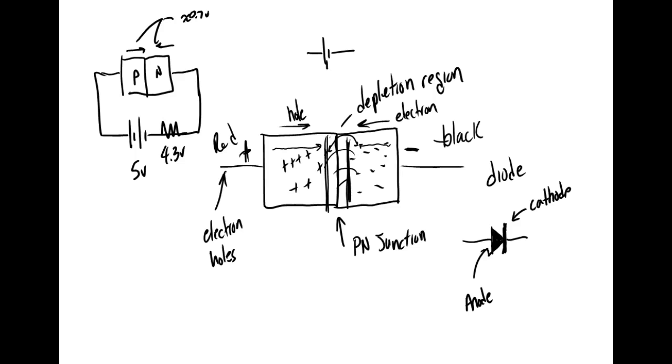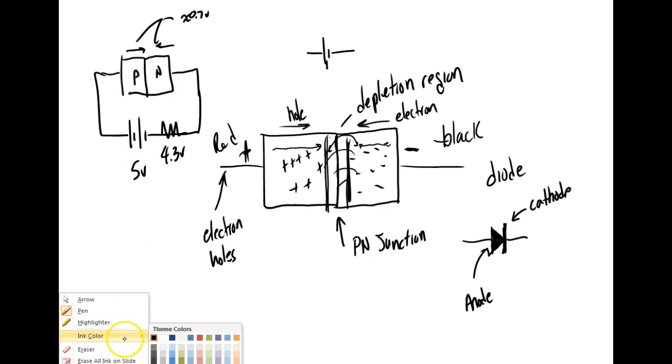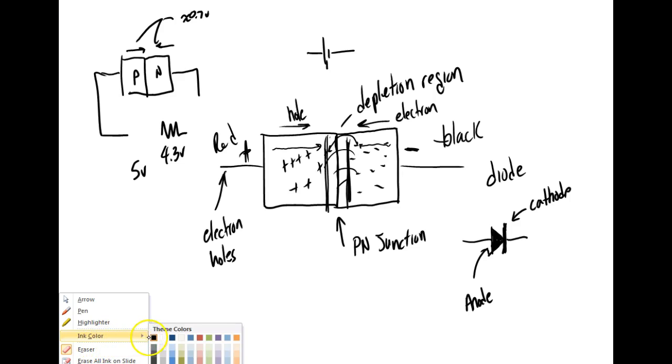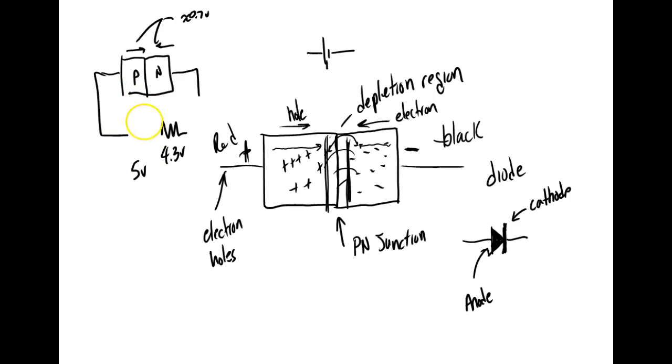Well, what's going to happen when I come over here and reverse this DC source? Can you visualize what's going to happen? So think of the P. I'm going to put the negative toward here, and I'm going to put the positive toward there.